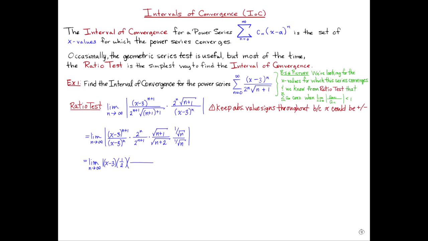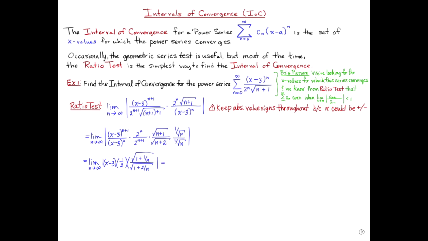Distributing the 1 over the square root of n through the square root of n plus 1 gives us the square root of 1 plus 1 over n over the square root of 1 plus 2 over n. And closing our absolute value signs, we now have a limit that we can evaluate.